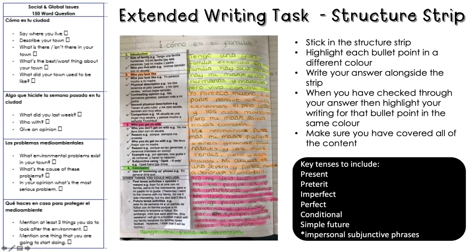Yeah? What's the cause of the problem? You know, go back to the reading activity and you can just copy paste parts of it. In your opinion, what is the most serious problem? Again, go back to that structure. It was the most serious problem. So, el problema más serio, en mi opinión, es que, yeah.